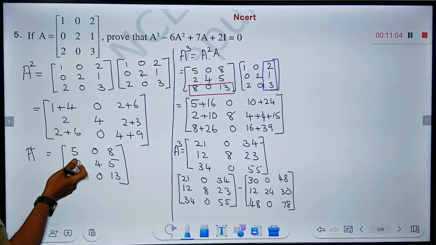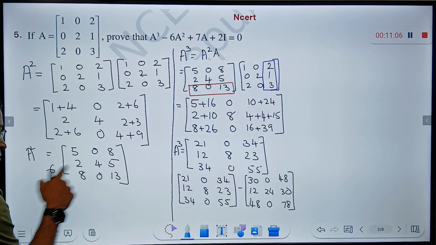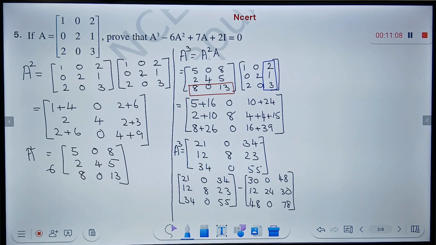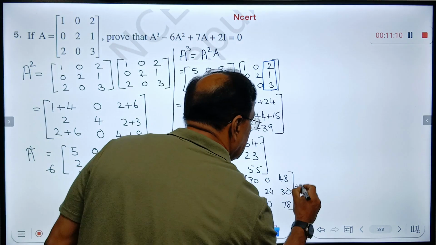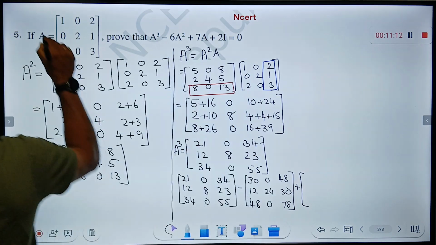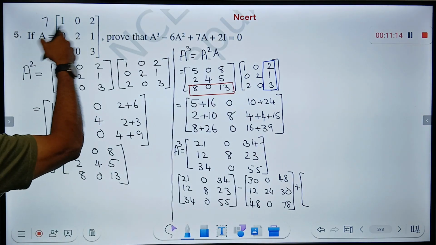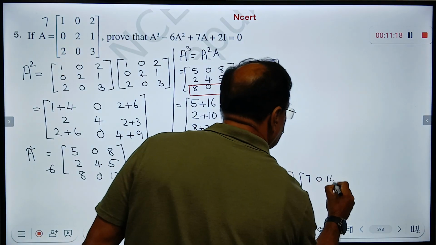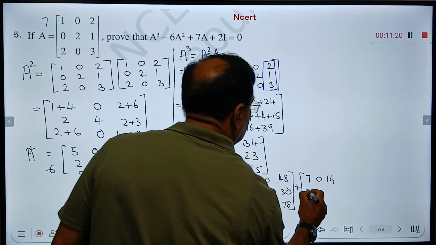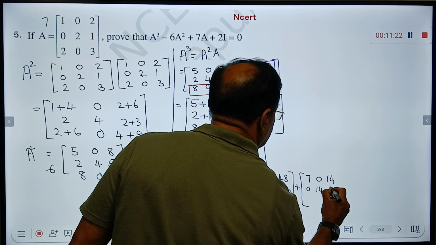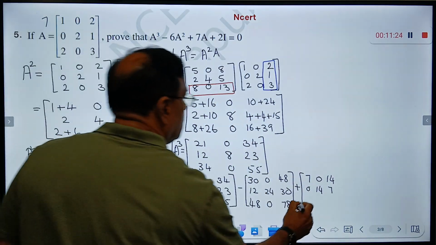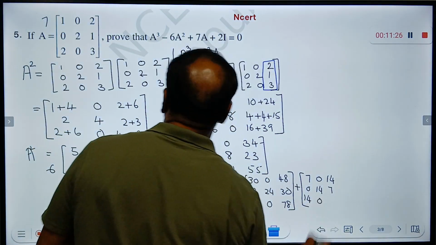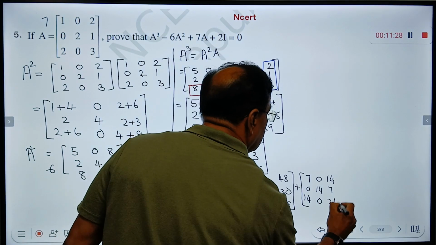So you are going to multiply this matrix by 6, and plus 7A. Now what is 7A? You have to multiply this matrix by 7. So you get 7, 0, 14, 0, 14, 7, 14, 0, 21.